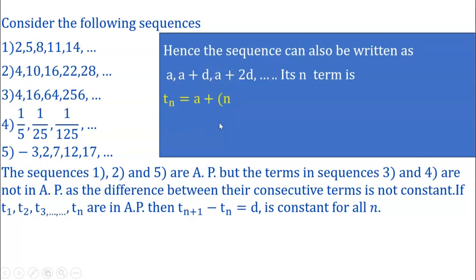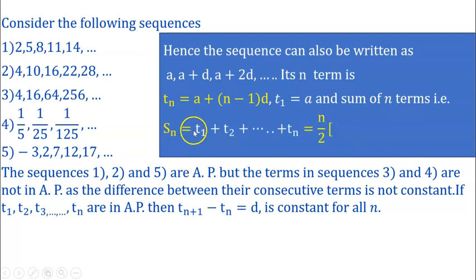Its nth term is Tn equals A plus (n minus 1) into D, where T1 equals A. And the sum of n terms, that is Sn, equals T1 plus T2 plus T3 up to the last term Tn, and that equals n upon 2 into (2A plus (n minus 1) into D). This is the sum of AP.